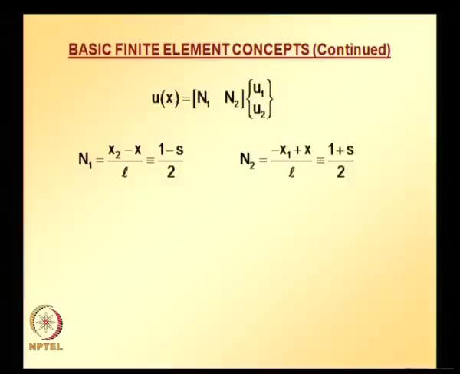Similarly, you can write the expression for N2 in terms of s coordinate system. Again, you can cross check whatever you learnt earlier, that is N1 plus N2 is equal to 1, and derivative of N1 with respect to s added to the derivative of N2 with respect to s is going to be equal to 0. So, sum of all shape functions should be equal to 1, and sum of the derivatives should be equal to 0.